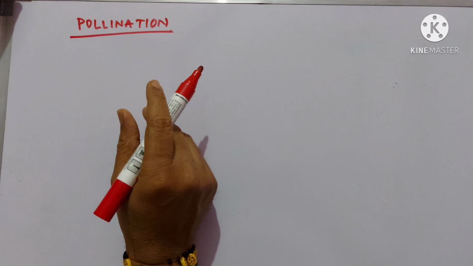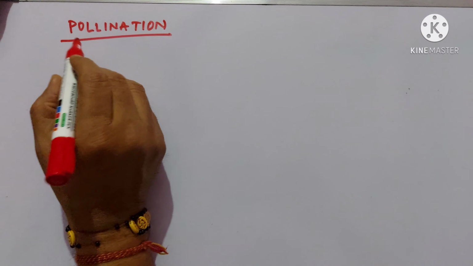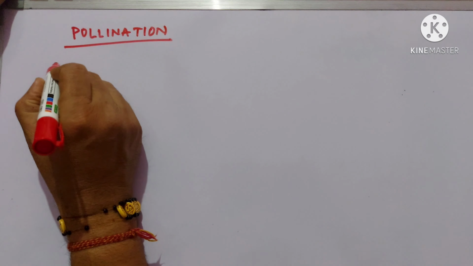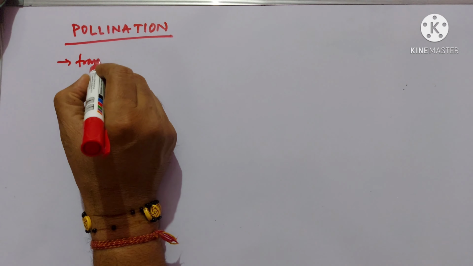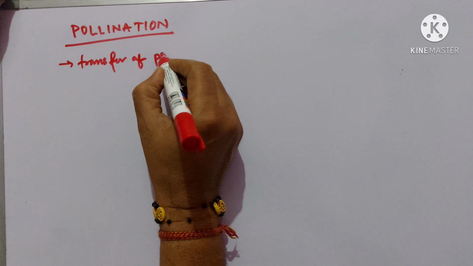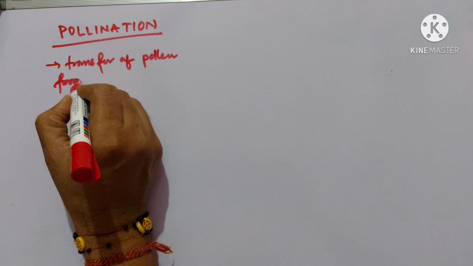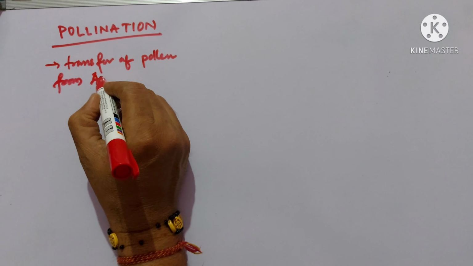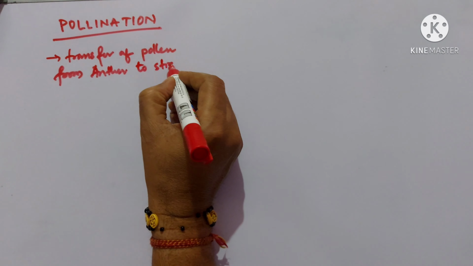The process of pollination. First we will discuss what we mean by pollination. Pollination is the transfer of pollen from anther to stigma.